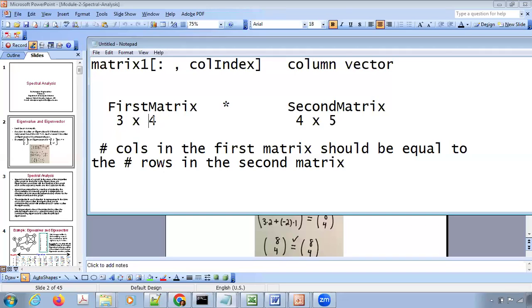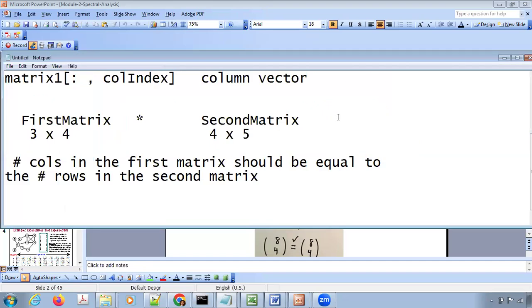The number of columns in the first matrix, which is 4 in this case, should be equal to the number of rows in the second matrix. And once you verify that, when you multiply two matrices, what you get can be called a product matrix. We can right away get the dimensions of the product matrix once you know the dimensions of the two matrices you want to multiply.